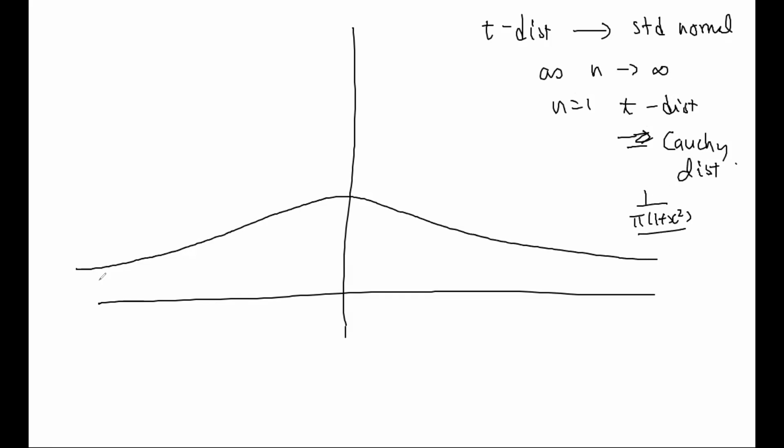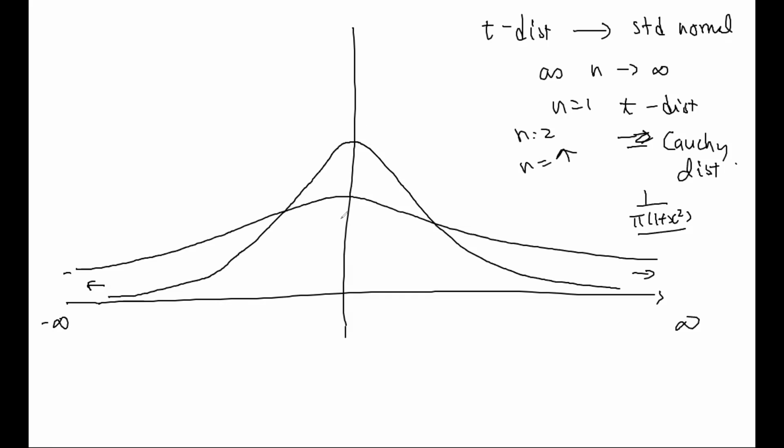And then when n starts to increase, you can see that the tail is actually fat, because when your sample size is small there is a lot of uncertainty. But as n starts increasing, it will start to concentrate.